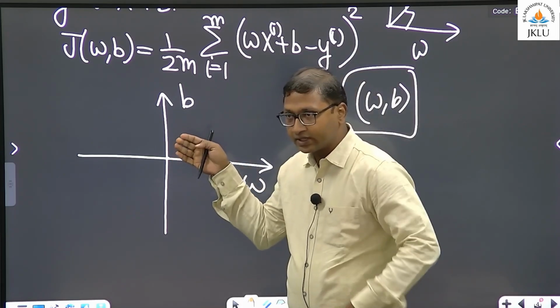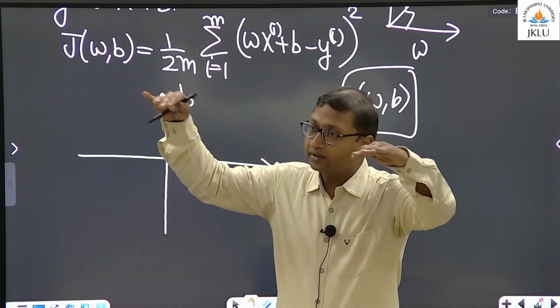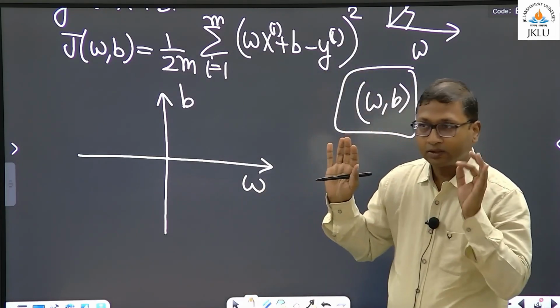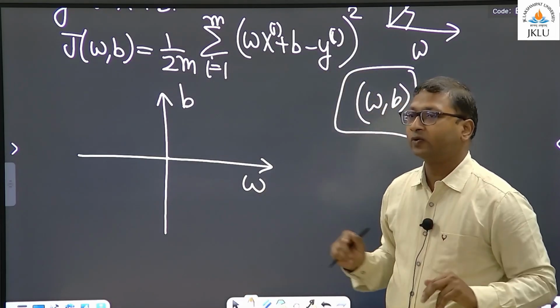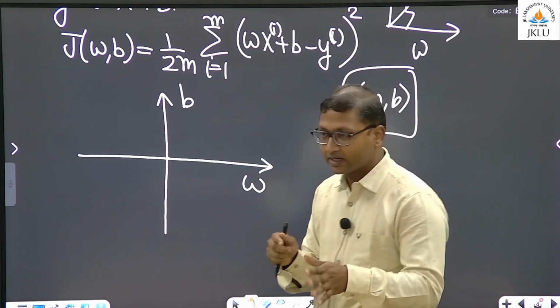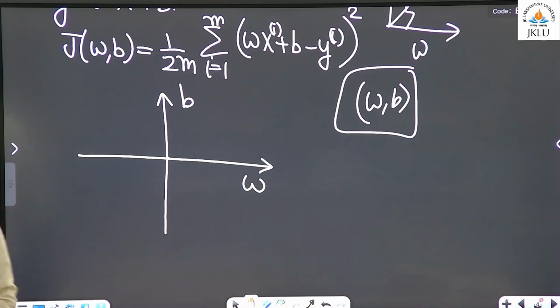If I start with this plane, my cost function lies at a height. For example, let's say this is direction W, this is direction B.